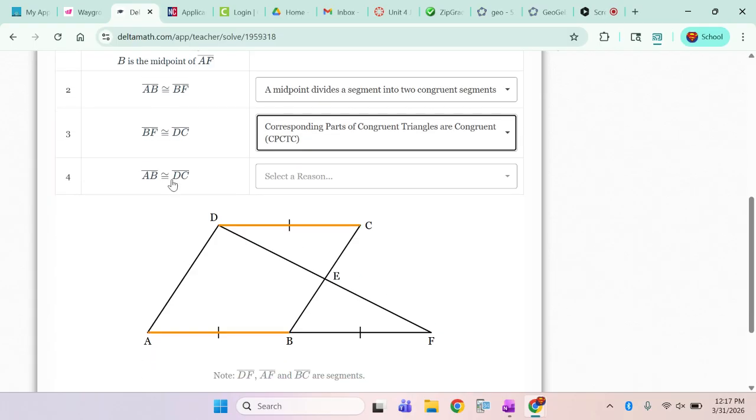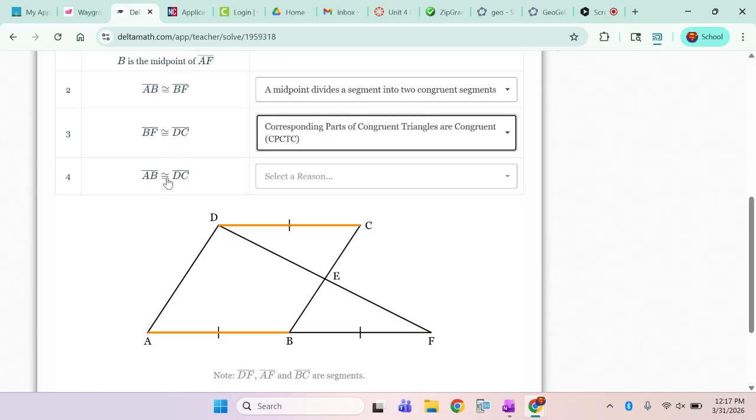Now, these two sides are congruent. Why? Let's go Marley. So let's think about it this way. We said these two sides are congruent. We said these two sides are congruent. So why can I say that those two are congruent? Didn't we just kind of switch these out?